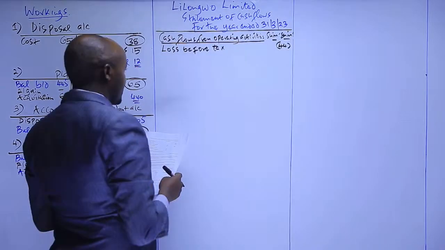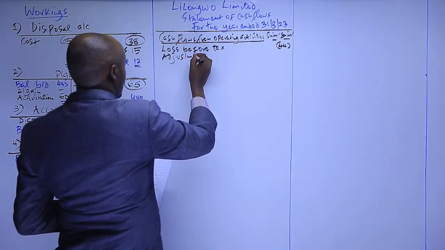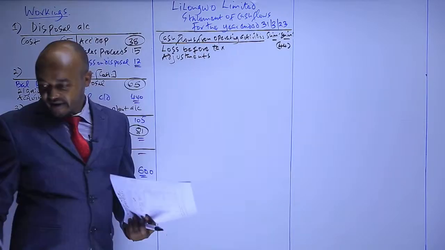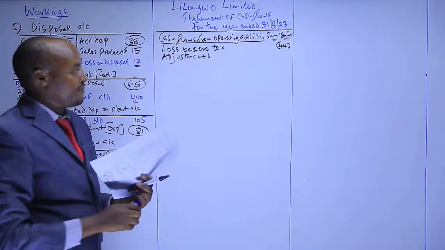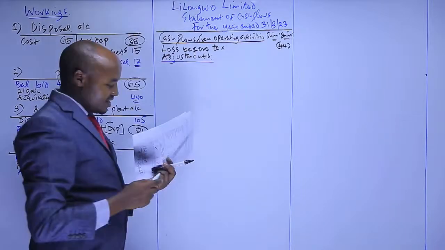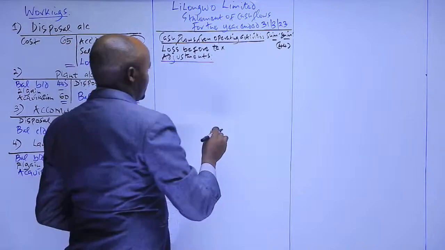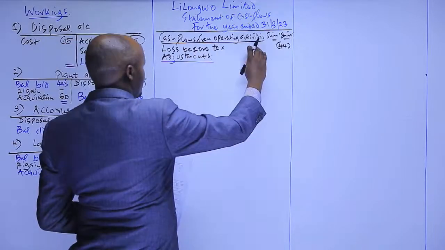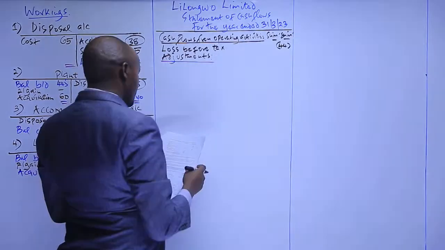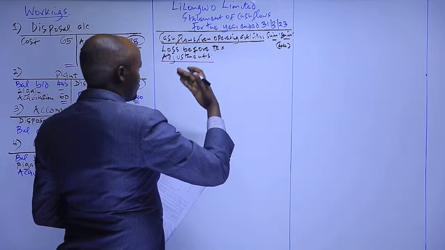We record it there as a negative, and then we make a number of adjustments to this particular loss. And the first adjustment, recall what we said when we were looking at the format. The first adjustment you make to this profit or loss is the finance cost, because essentially you should start with the profit before interest and tax, or the loss before interest and tax. But because you will not be given that, start with what you're given, that is the profit or the loss before tax.